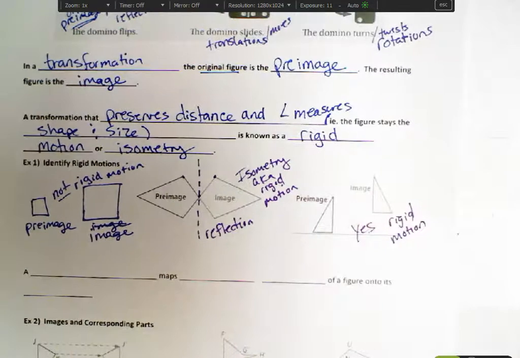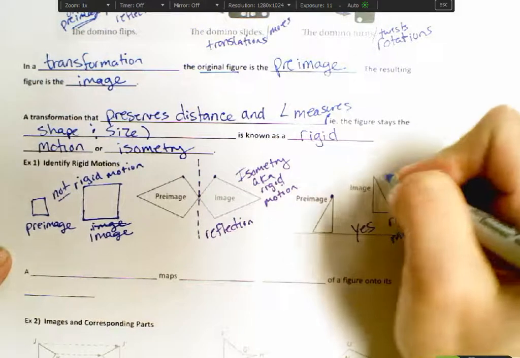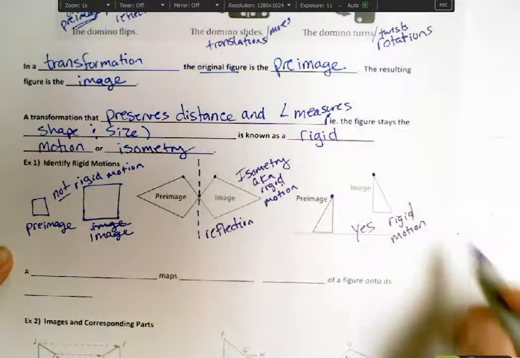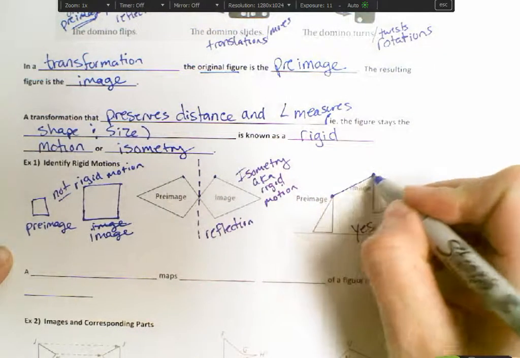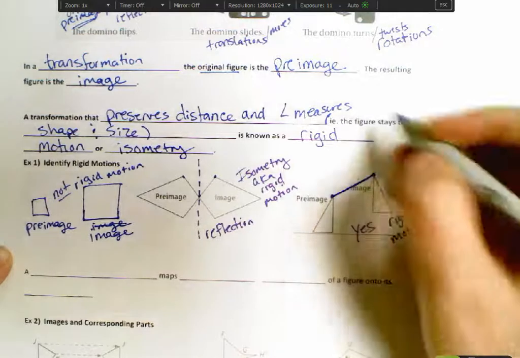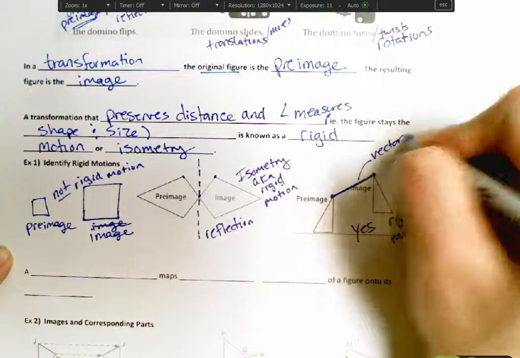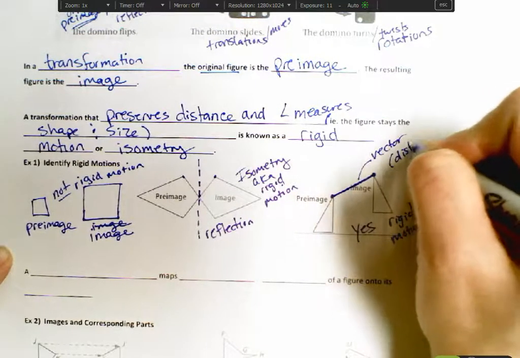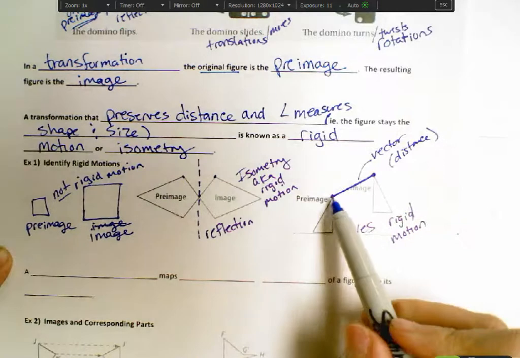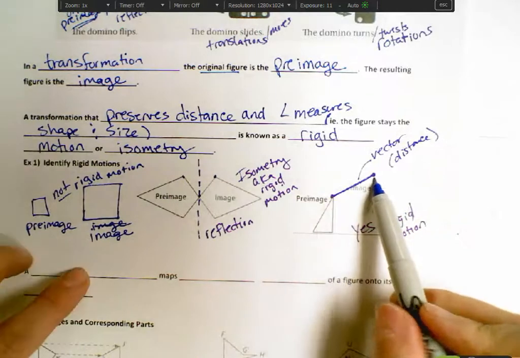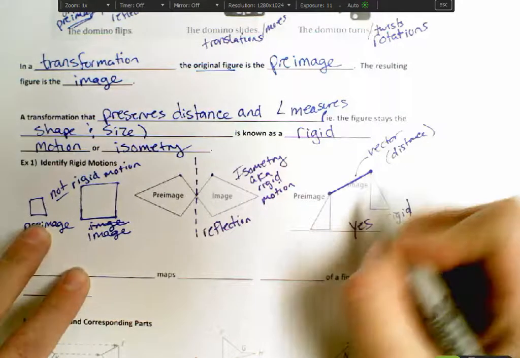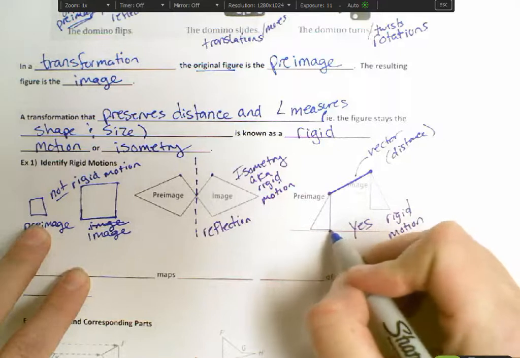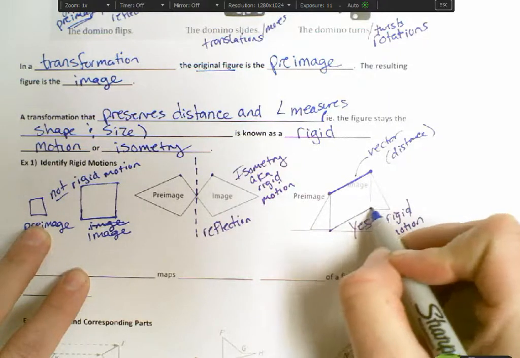There's another way to take a look at and see if you have a rigid motion or an isometry, is to look between the pre-image point and its corresponding image point. This distance, which is known also as a vector, between its pre-image and the image, every single point should end up being the same length.